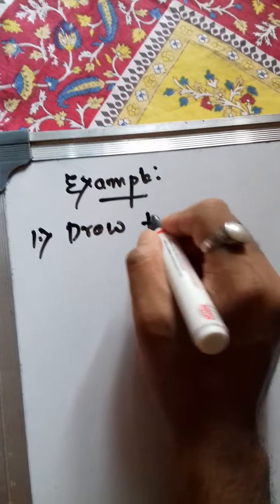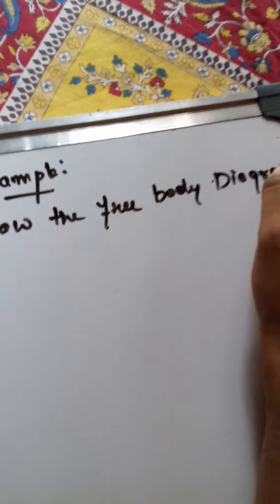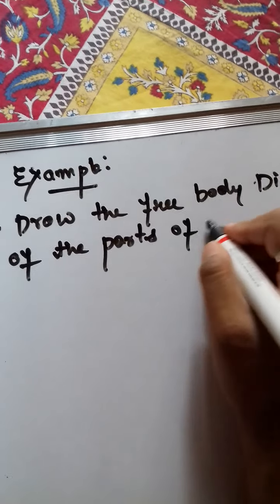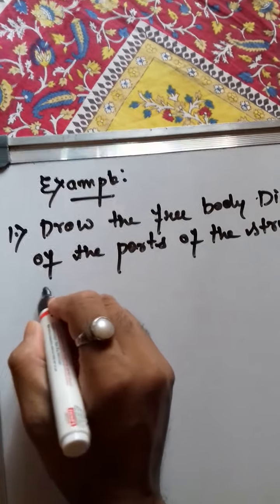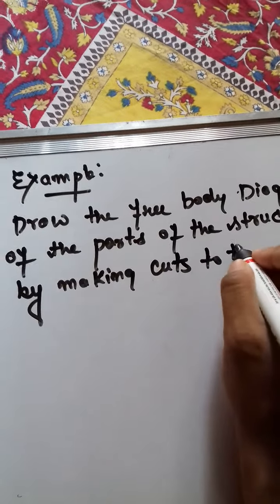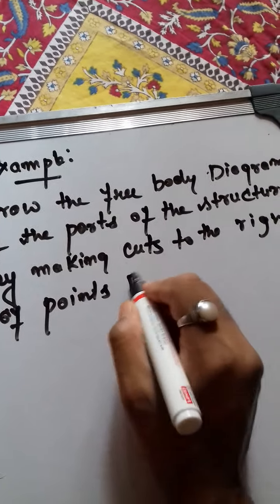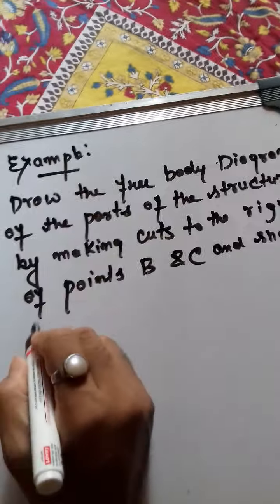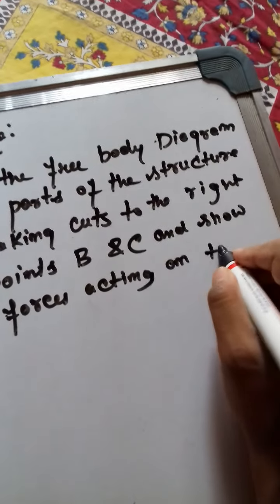Draw the free body diagram of the parts of the structure by making cuts to the right of points B and C and show the forces acting on these cuts.